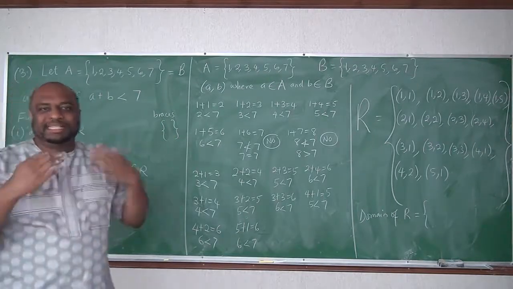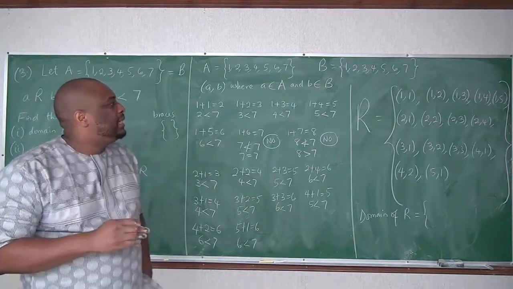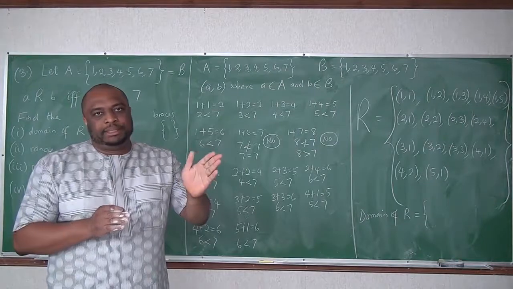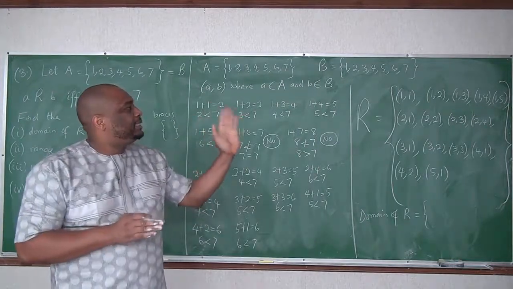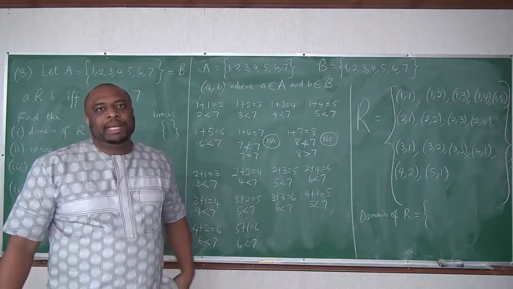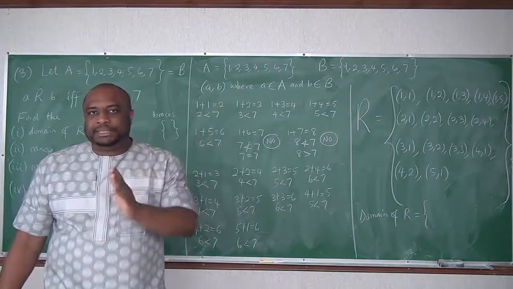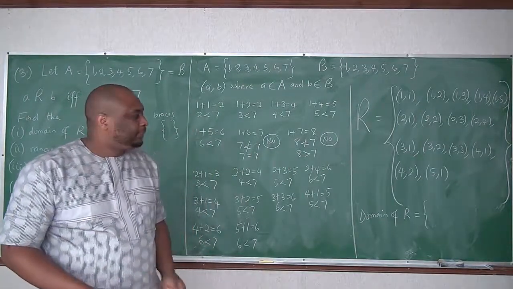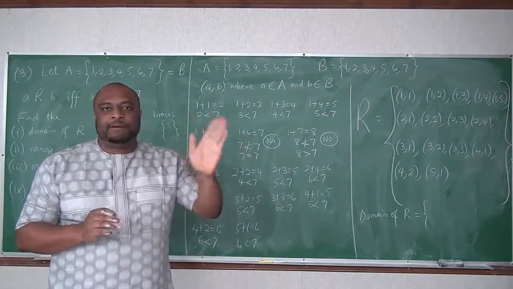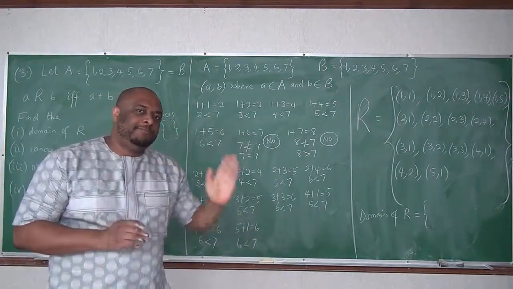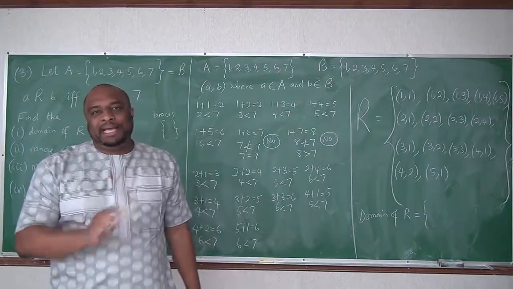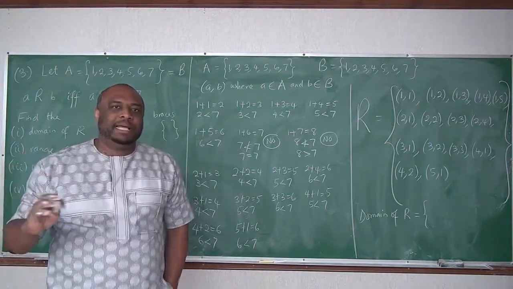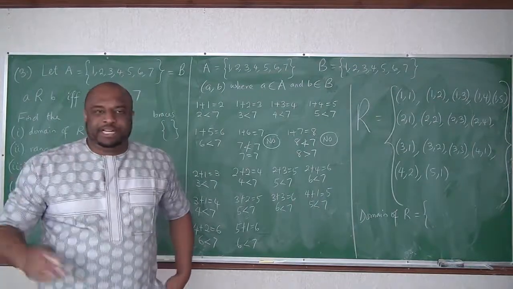A relation is a set of ordered pairs, and in the ordered pair, the first component is the domain. Then the second component is the range. The first component of each ordered pair is the domain, and the second component of that ordered pair is the range.